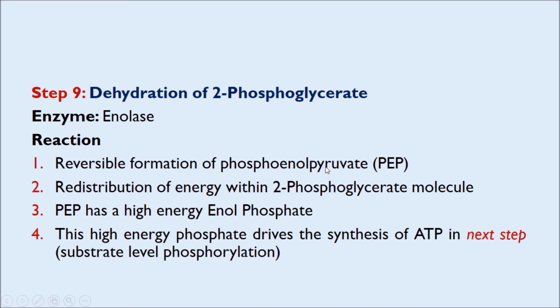When phosphoenol pyruvate is formed, there is a redistribution of energy within the 2-phosphoglycerate molecule as a result of dehydration. Phosphoenol pyruvate has a high energy enol phosphate. This high energy enol phosphate group of phosphoenol pyruvate drives the synthesis of ATP in the next step, again by substrate level phosphorylation.